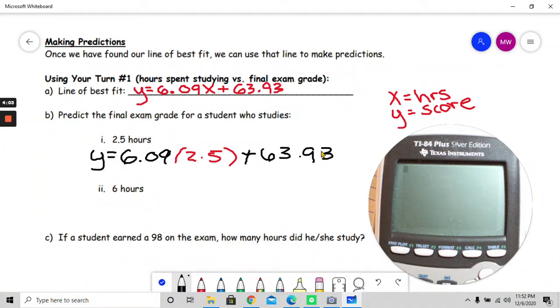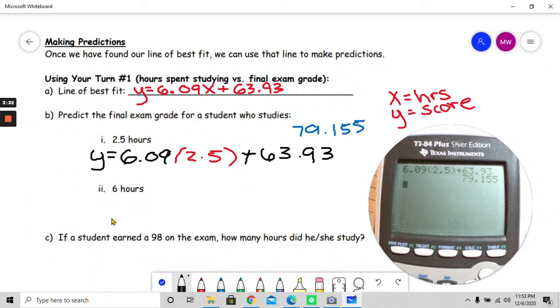I'm going to type that into my calculator. So 6.09 times 2.5 plus 63.93. And I can expect that they're going to get approximately a 79.155. Okay. And then 6 hours, we would do the same thing.